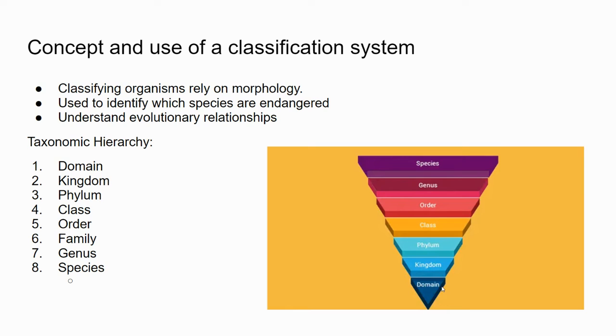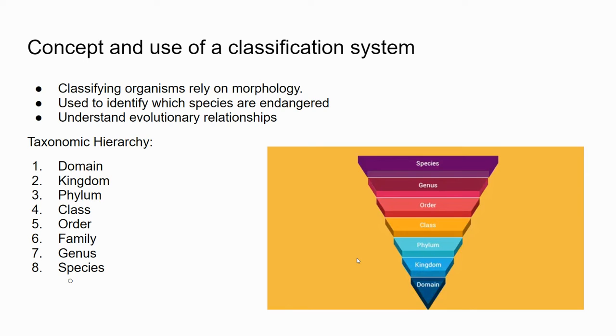The domain consists of eukarya, bacteria, and archaea. Eukarya are organisms that have cells with a true nucleus, a membrane-bound nucleus, inside which contains the genetic material. However, archaea and bacteria don't have a true nucleus, so they are called prokaryotes.